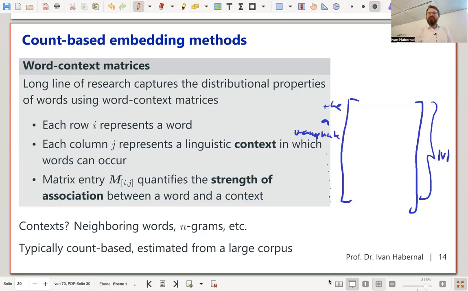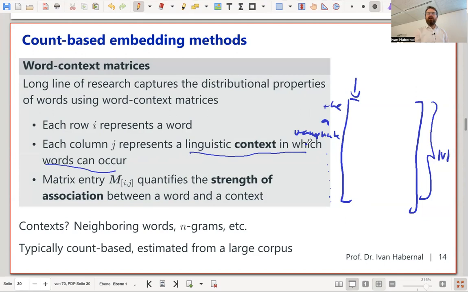Okay. But anyway, we have this matrix, and each row is basically a word. And then what should be in the context here? We can put anything we want, actually. Each row could be any linguistic context. Maybe we're saying the context should be the words in which the target word occurs.